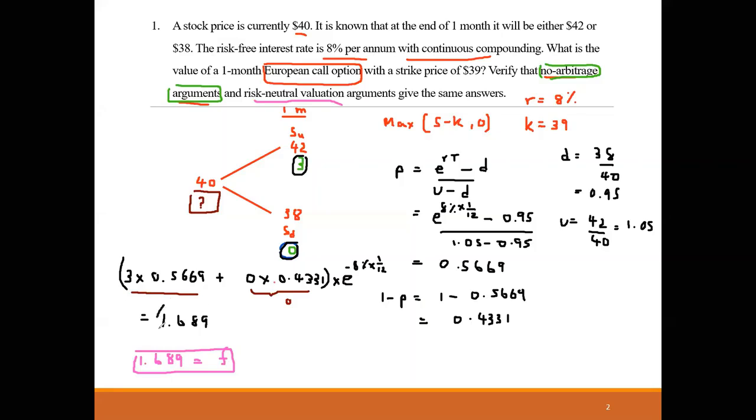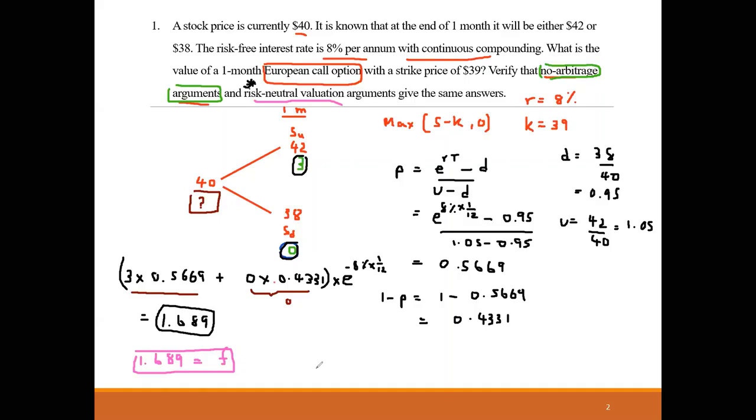But if it is not specified as to what to be used, always go with risk neutral valuation, because that is much easier. Go with risk neutral valuation under the binomial option pricing model. So here you would get 1.689.